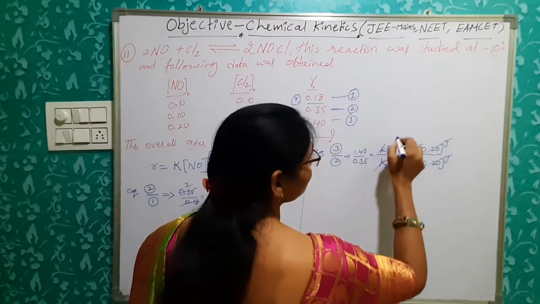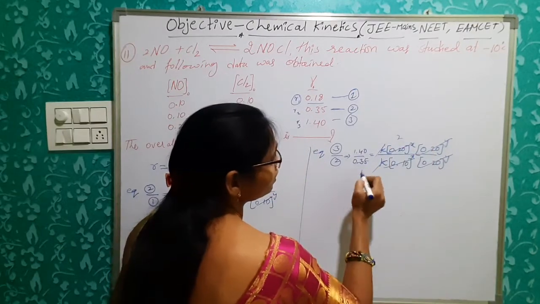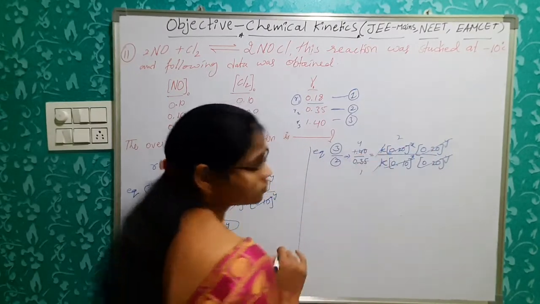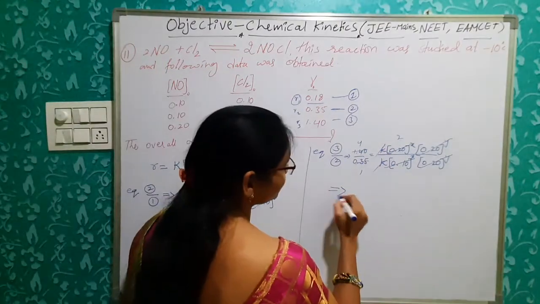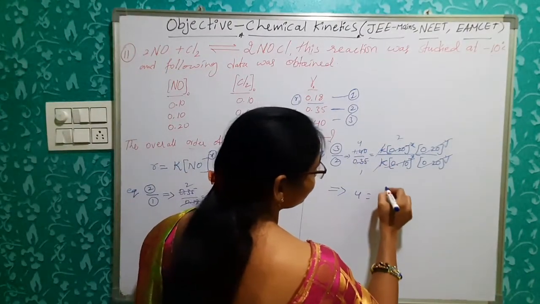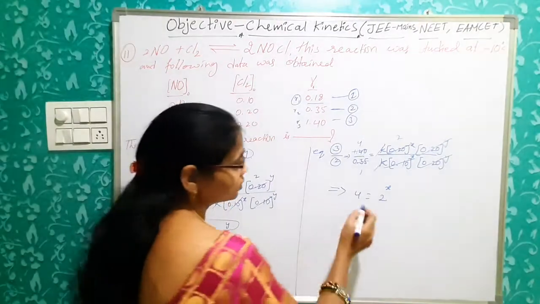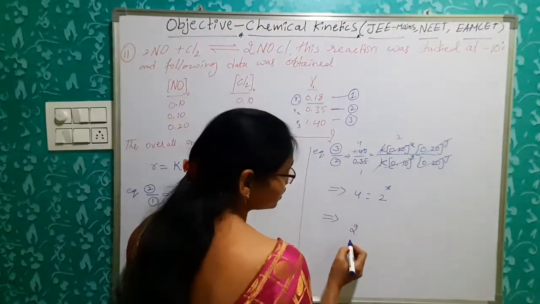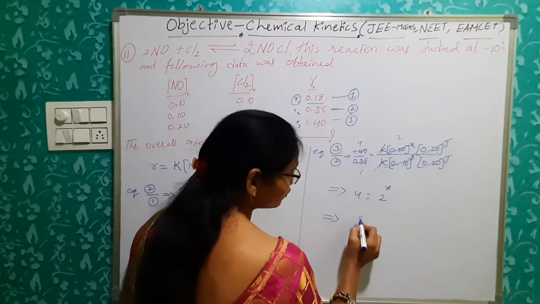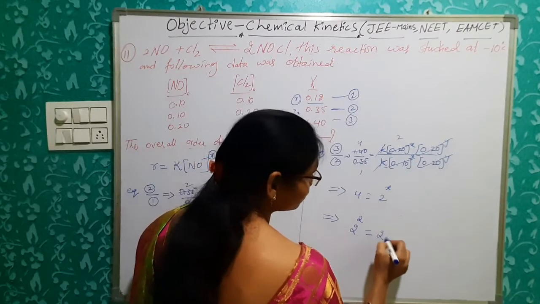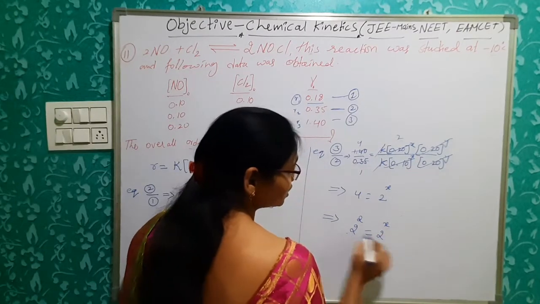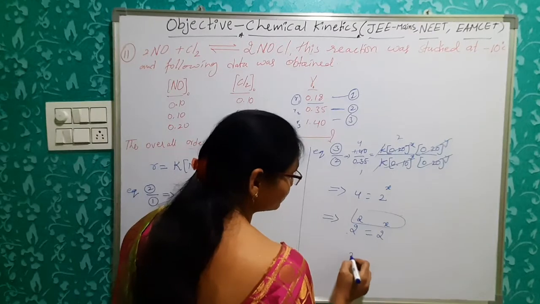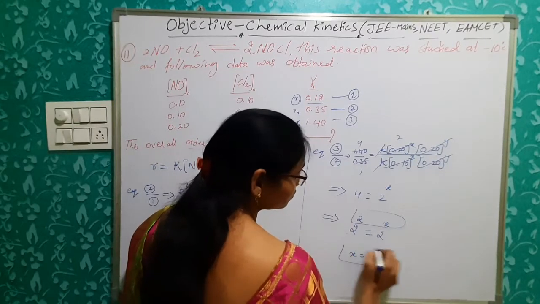Next, here this is 1, this is 2, so this is almost 4 times. Okay. So what you get, simply 4 is equals to 2 power X. So then we need to write same bases, nothing but 2 square is equals to 2 power X. So bases are same, automatically powers are equal.